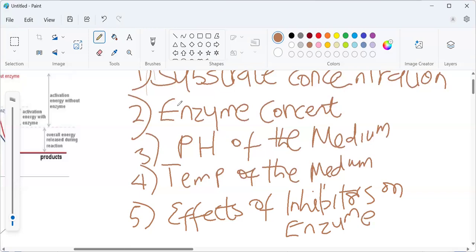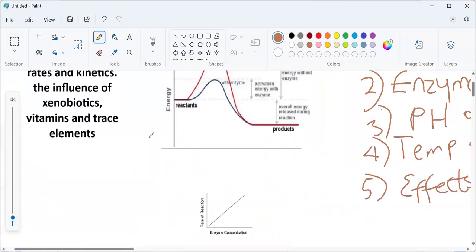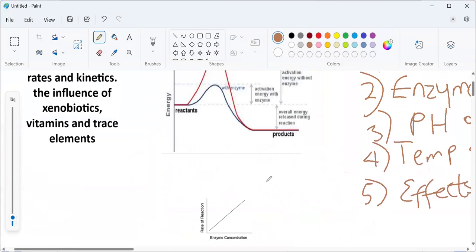So when we talk about substrate concentration or concentration of enzymes, this refers to the rate of reaction. Look at this diagram: the rate of the reaction is proportional to the enzyme concentration, provided that the substrate concentration is at a high level.